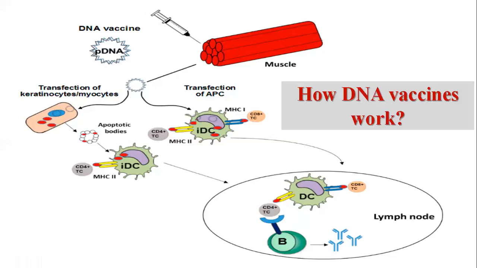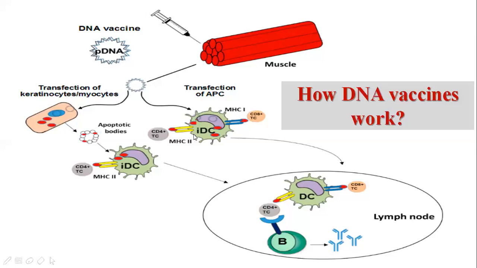So direct transfection of antigen-presenting cells, including the immature dendritic cells, results in endogenous transgene expression and hence parallel presentation via MHC.